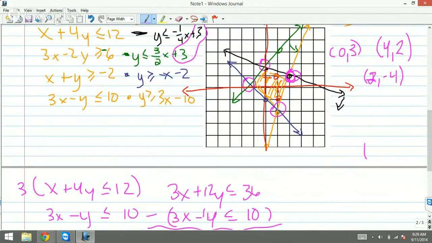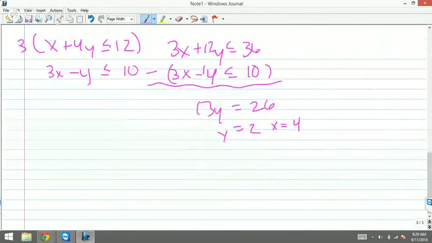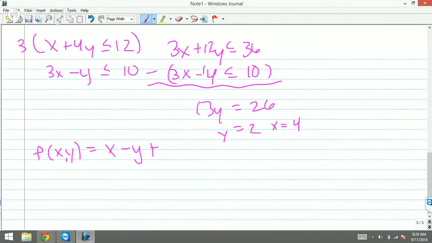And the other point is -2, 0. Okay, so that's our min-max equation.